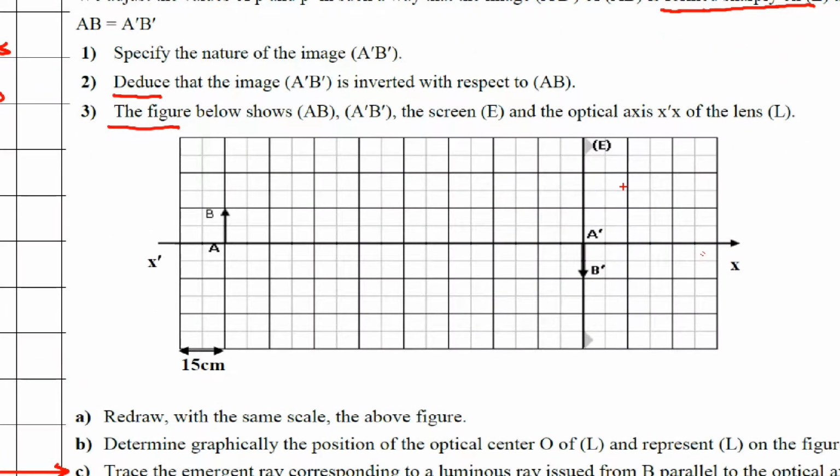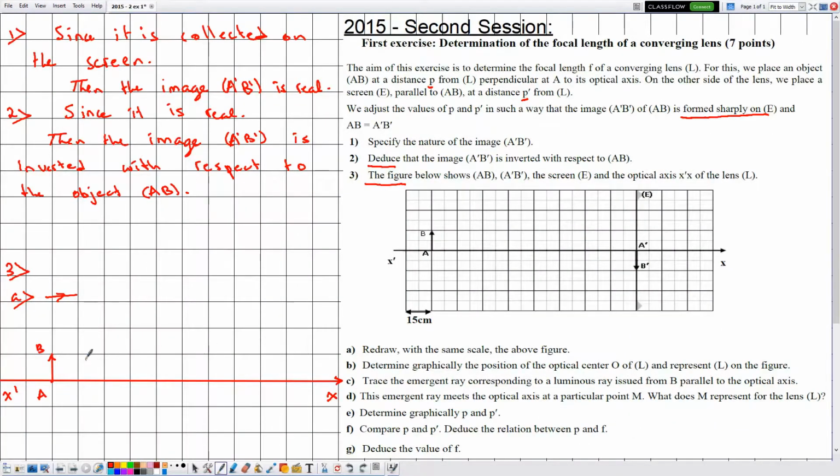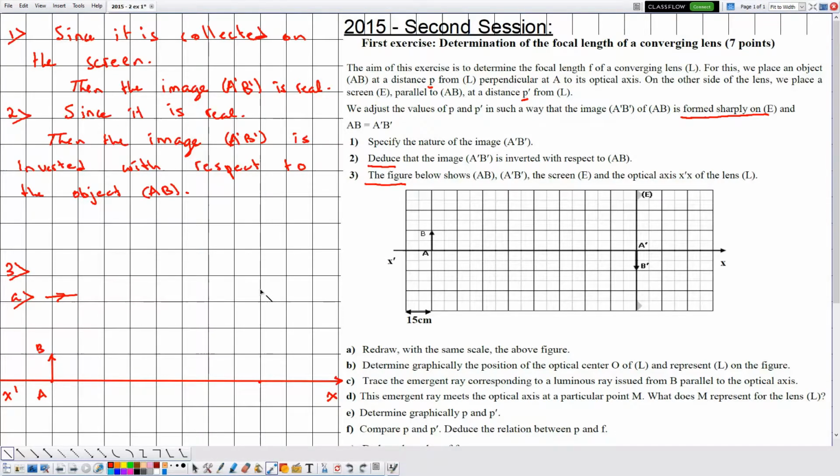Moreover, the screen E is located away from AB by 1, 2, 3, 4, 5, 6, 7, 8 divisions. And the screen is perpendicular to the optical axis.